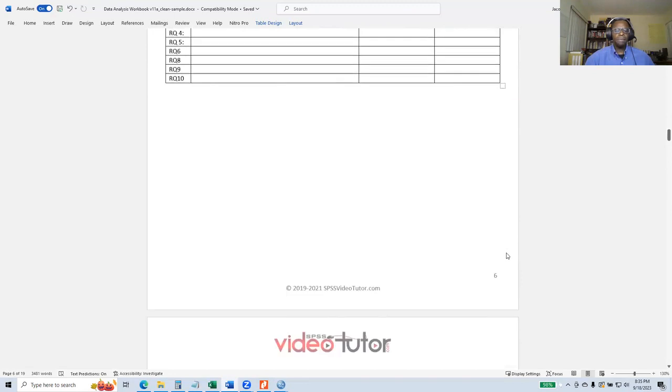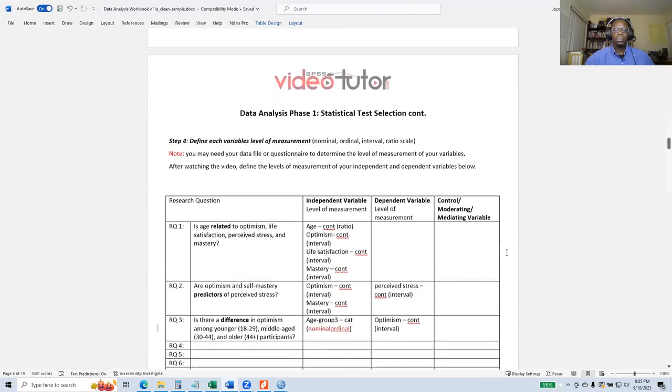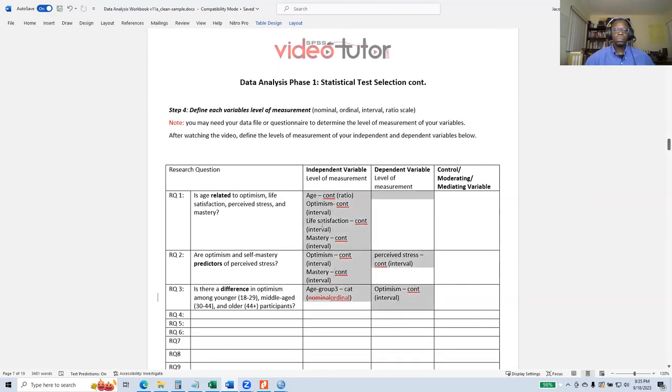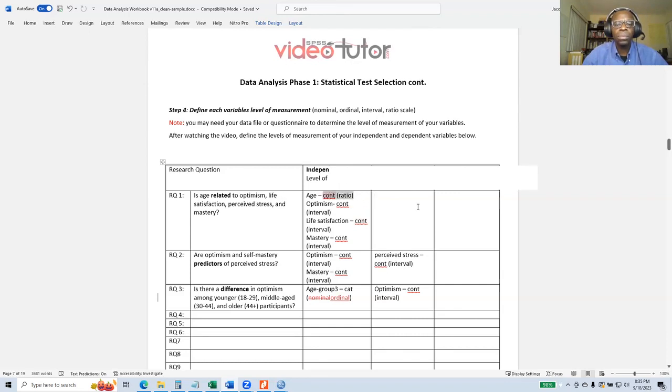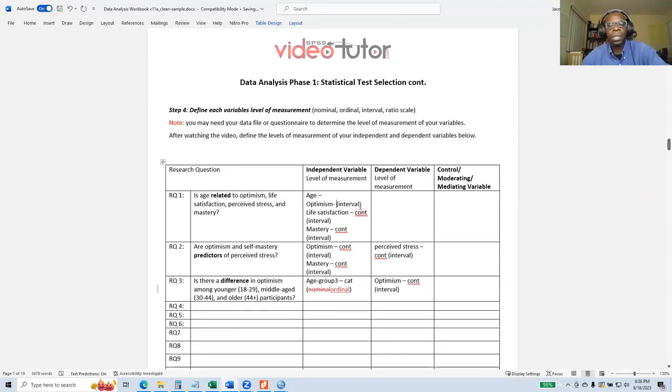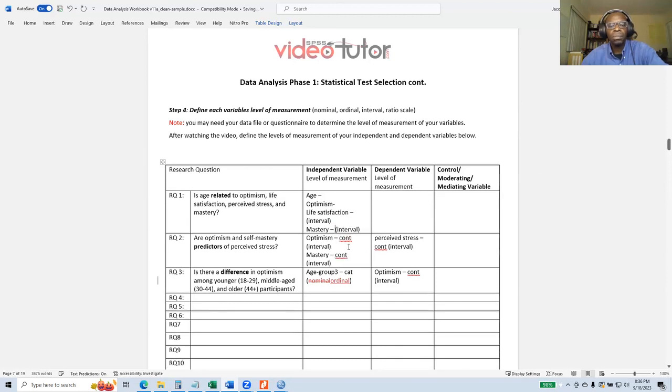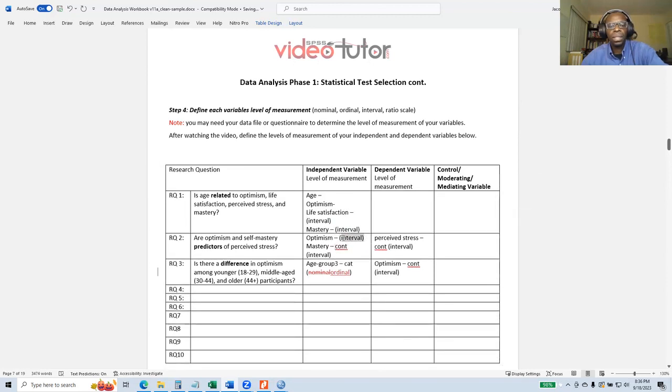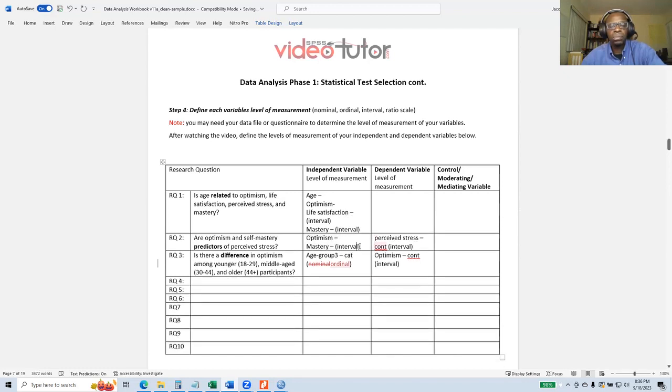Now, we're going to go to step 4. Here we have to figure out what type of variable, how are these variables being measured, right?